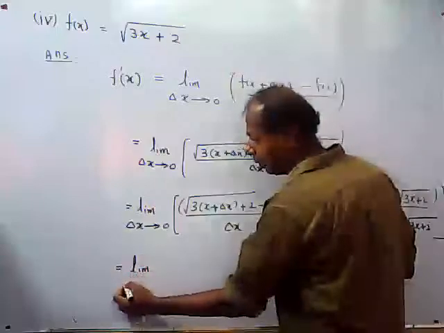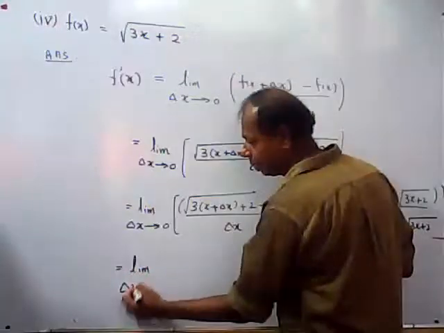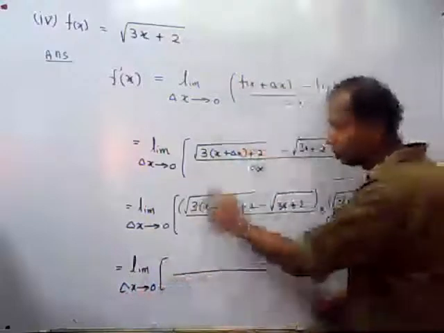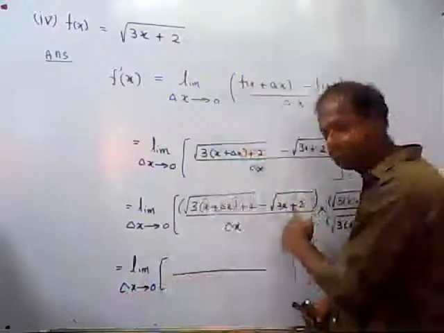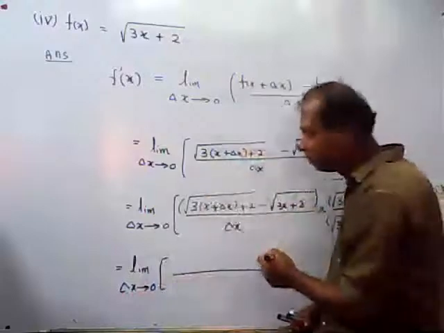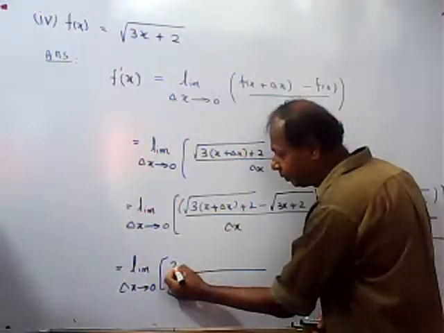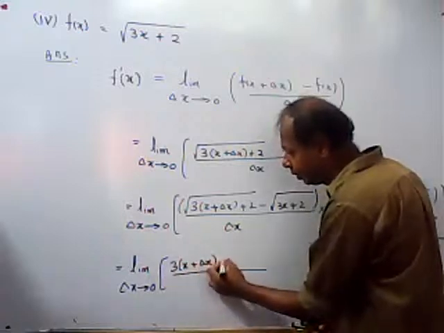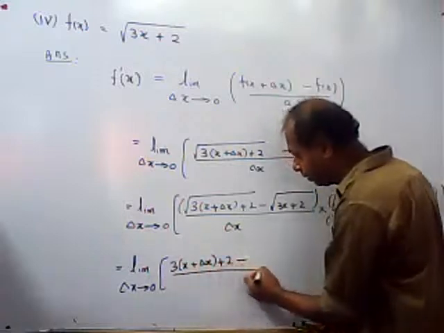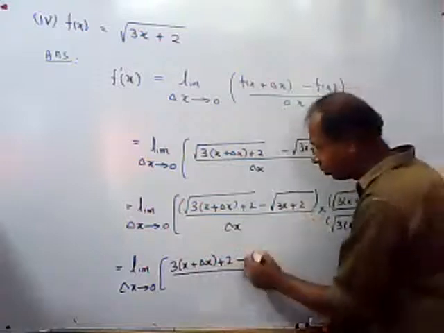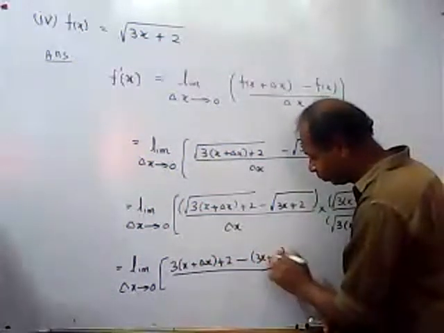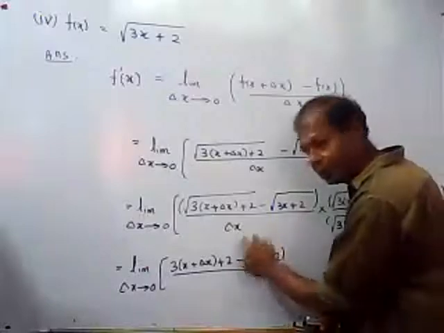Limit as delta x goes to 0. So you get square of this minus square of this. So the square roots will disappear. 3 times x plus delta x plus 2 minus 3x plus 2 divided by delta x.